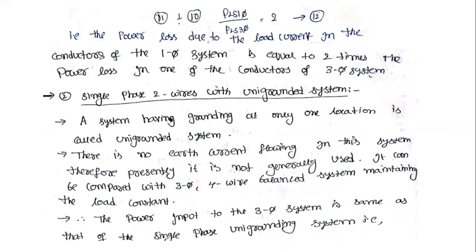A system having grounding at only one location is called a uni-grounded system.